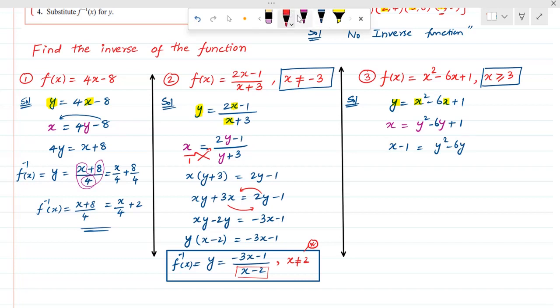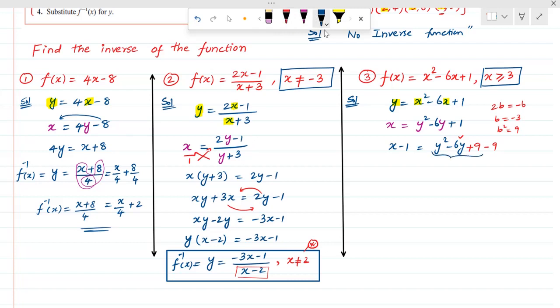So what is the missing term to make a completing square? Here I will use 2b equal to this part, which is −6. b = −3. b² = 9. So I will add 9 and I will subtract 9.